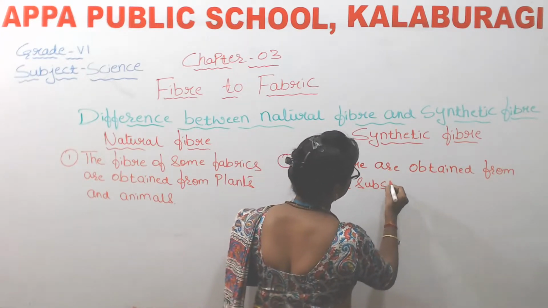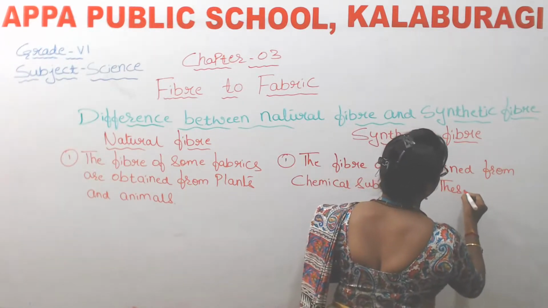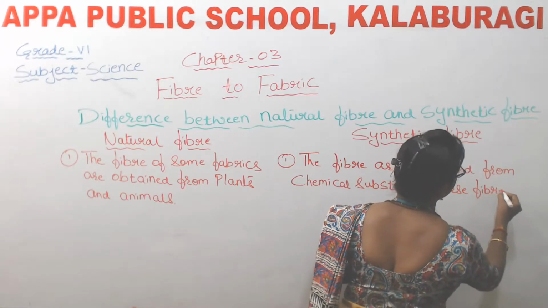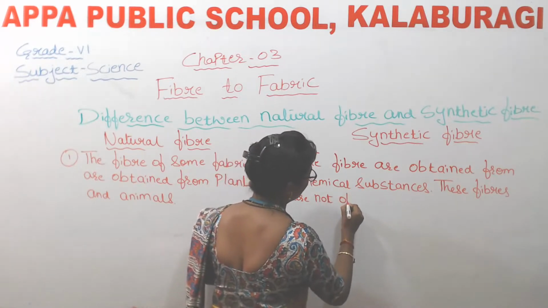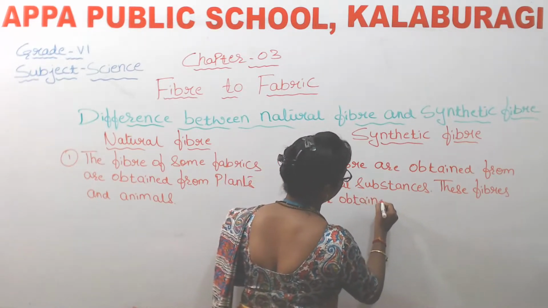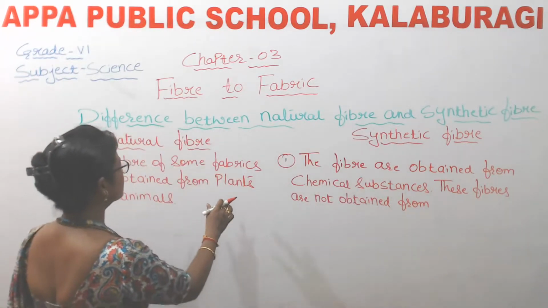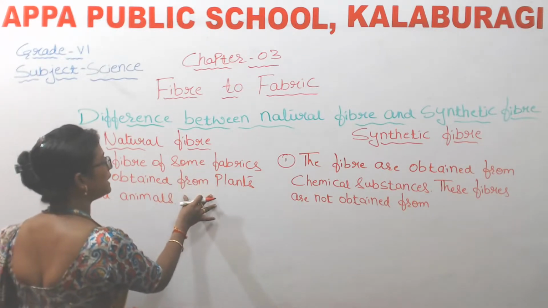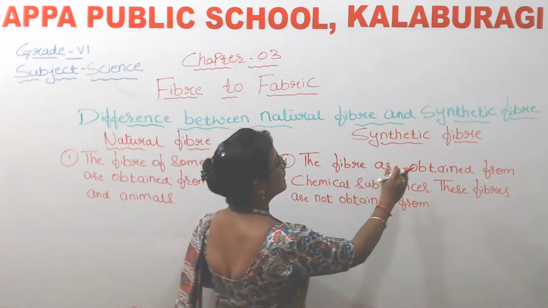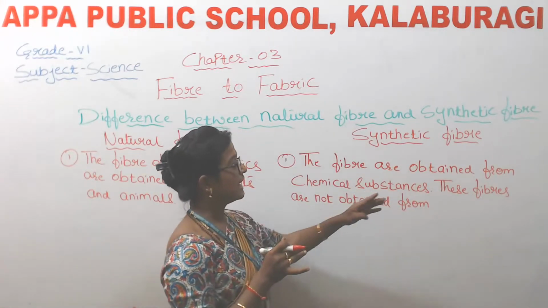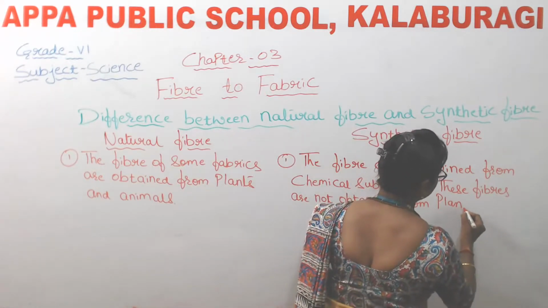So these fibers are not obtained from plants and animals. As we discussed, the fibers of some fabrics are obtained from plants and animals, but in synthetic fiber, the fibers are obtained from chemical substances, and these fibers are not obtained from plants and animals.